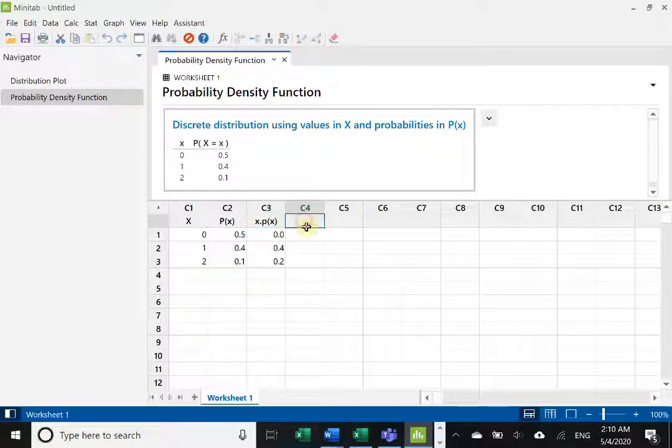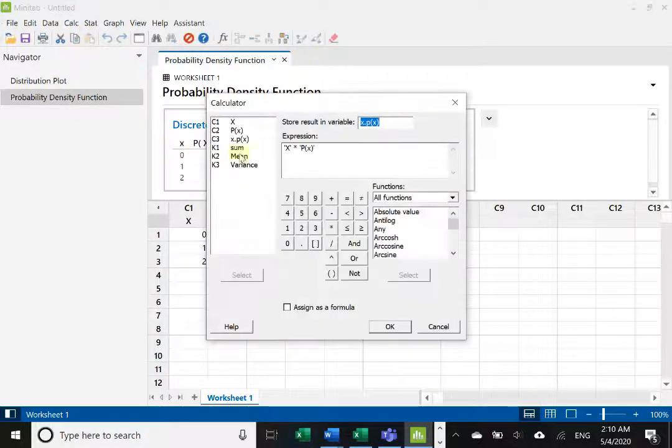Now let's create our next column. We're going to do our deviations now, the square deviations. If you want, we can create a column of deviation to really take it step by step. Let's do that. It's going to look slightly different than what's in my notebook that I showed you. I'm going to go calculator, and this time I'm just going to call this deviation.